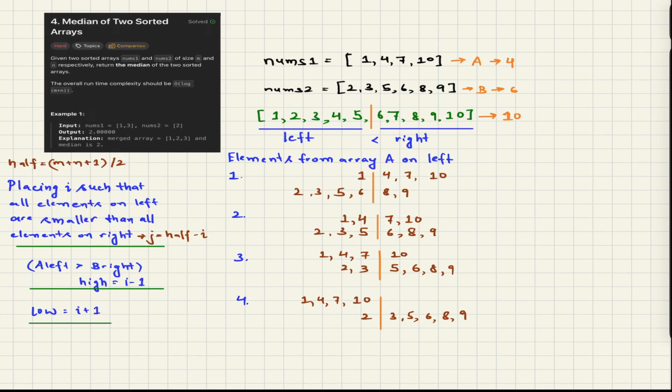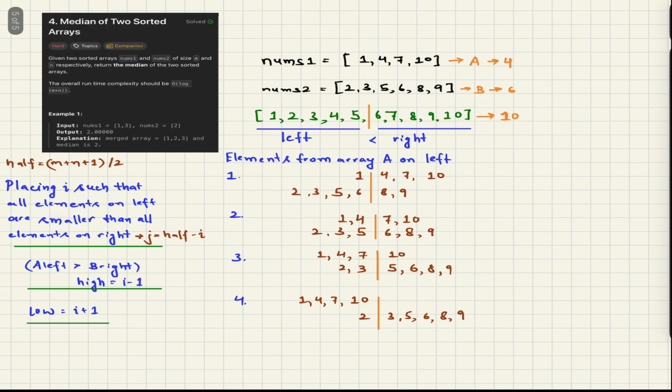I'm calling nums1 and nums2 A and B so that I can pronounce them easily. A has 4 elements and B has 6 elements. When we combine both of them, obviously we'll have 10 elements. Now if I divide the array into two halves, left and right, all the elements on my left hand side will be less than or equal to my right hand side.